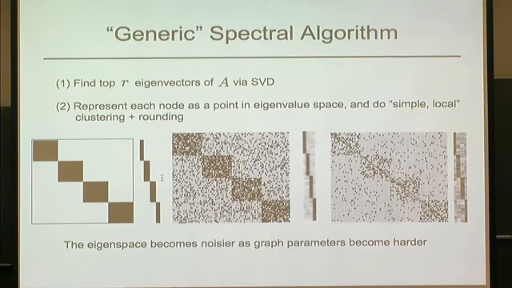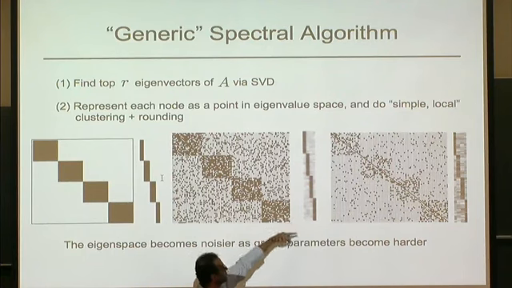Now we start moving away from this. This is maybe what is called dense graph clustering, where you have some probability p within a cluster and q outside. So it looks like a noisy version of this, and that's represented in the eigenspace as well. Now again, if I represent each point by its corresponding coordinates in eigenspace, then the points in the first cluster will not be exactly 1 0 0 0, but they'll be close to that point, and so on.